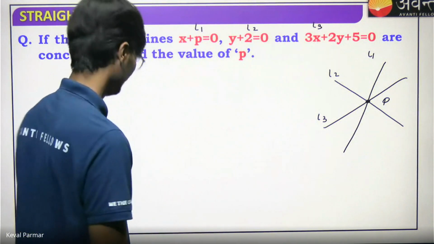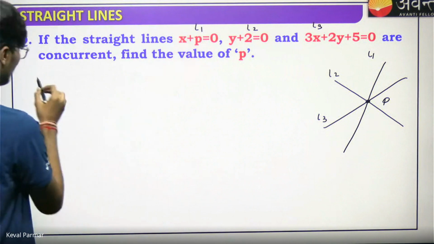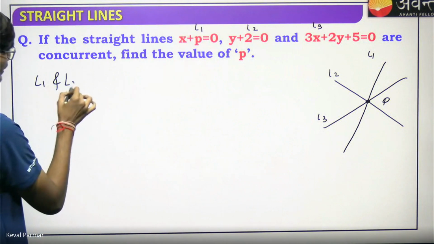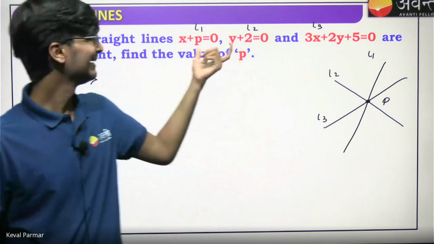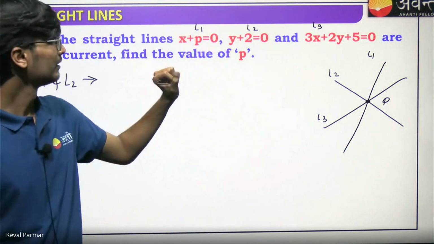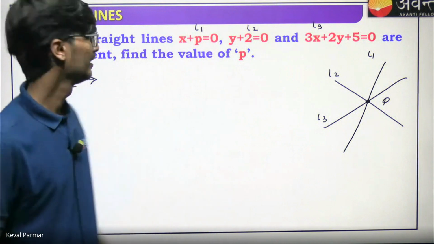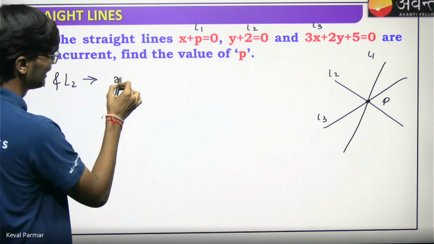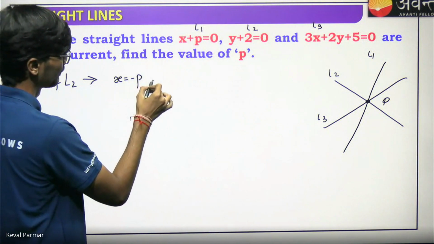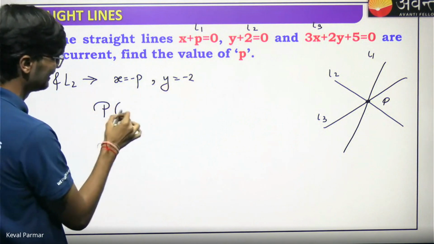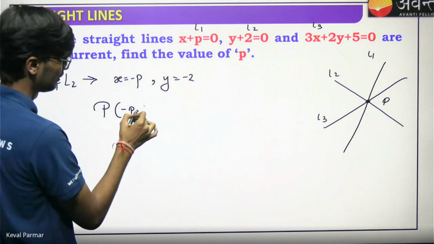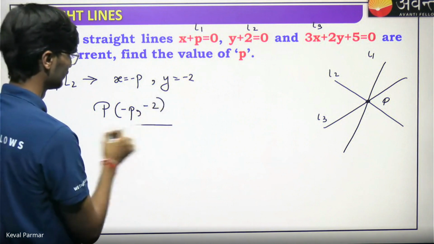If I try to solve L1 and L2 simultaneously, I think there is no need, because we directly have the values of x and y. Here I'll get x equals minus P and y equals minus 2. That means point P is (minus P, minus 2).